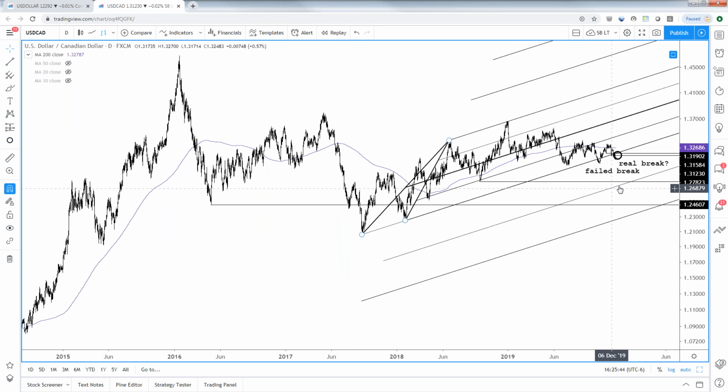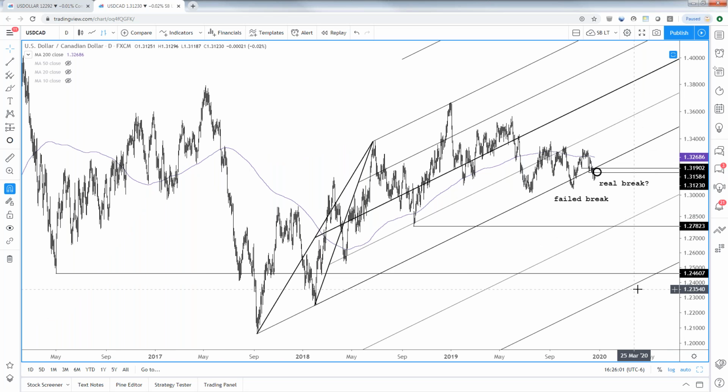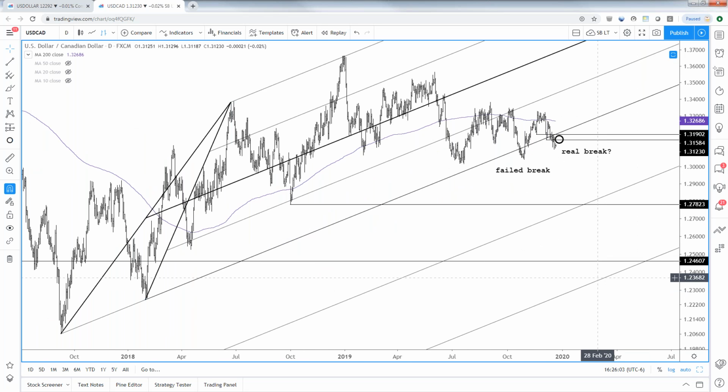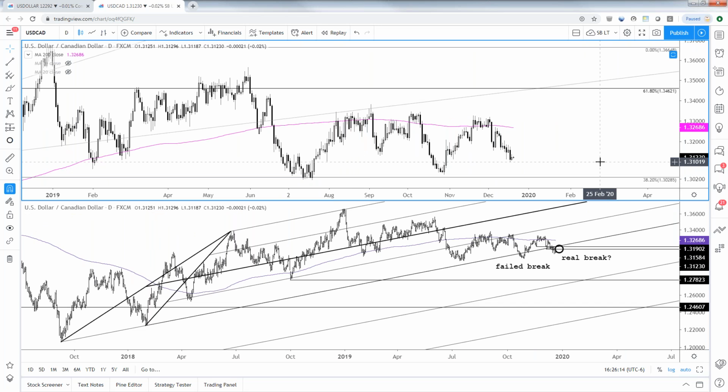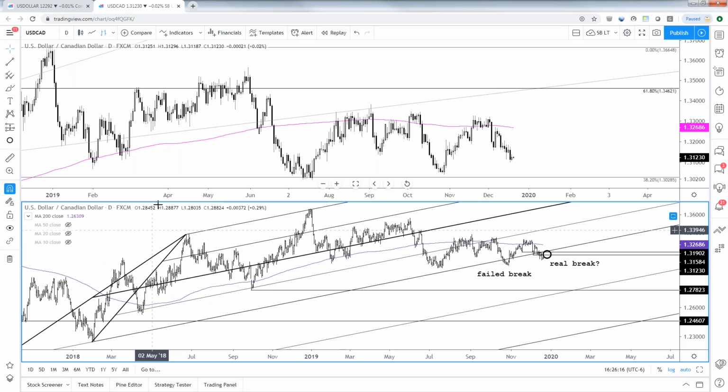And obviously they increase with time, but just generally speaking, this low over here, 27.80, would be an obvious level, and that's going to intersect this towards the end of January potentially. And then the final one, 24.60, which is this level over here, is going to be way out in May. Well, that's way out, and you don't really have to know where they are, because you reach them when you do. So be it. But that's what we're looking at here with dollar CAD.